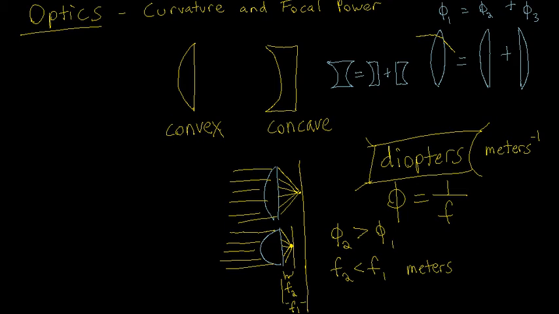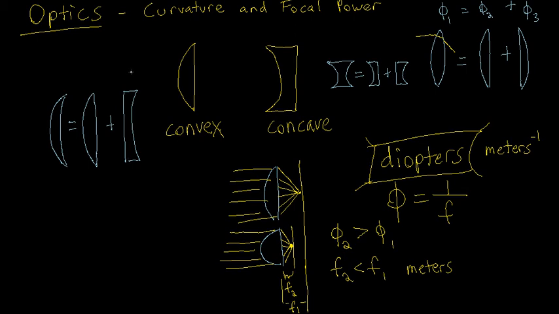The other thing to take away from this is that curvatures of opposite type detract in power. So here we've got a concave and then a convex, or convex and then concave curvature lens. And this is the equivalent of having a convex with flat and a flat and concave.